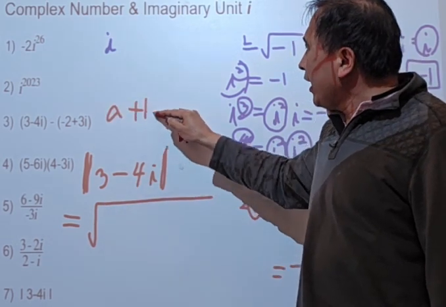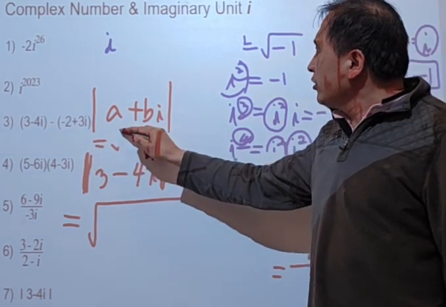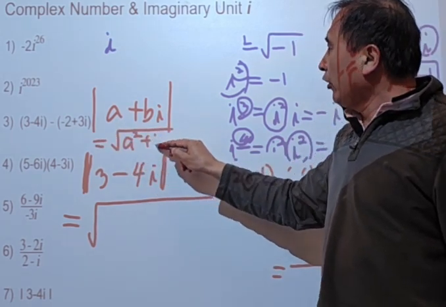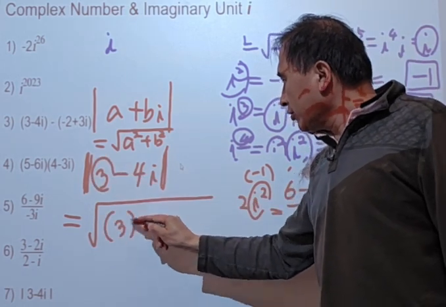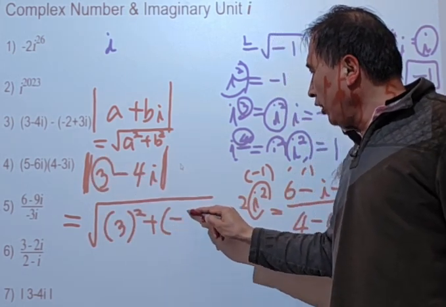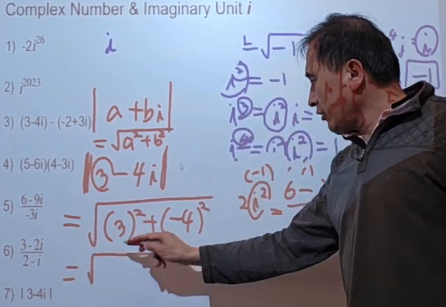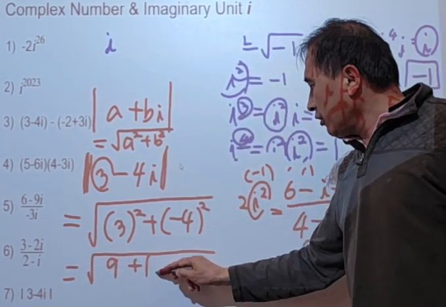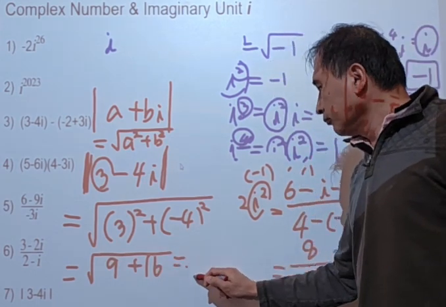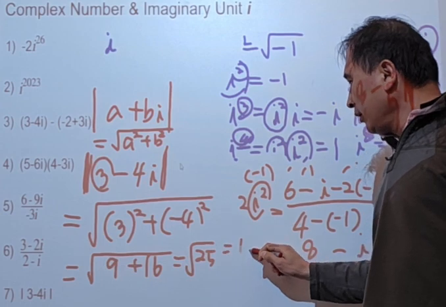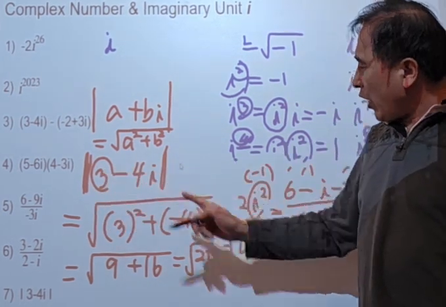For a plus bi, the absolute value is the square root of a squared plus b squared. Okay, so a is 3 squared plus b is negative 4 squared, right? So this square root is 9 plus 16. This is 25. Square root of 25 is what? That's 5. So the absolute value of 3 minus 4i is 5.